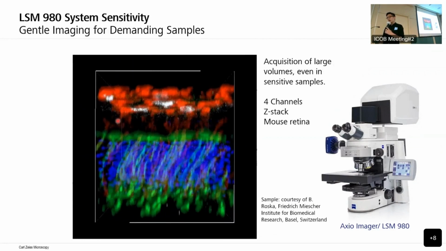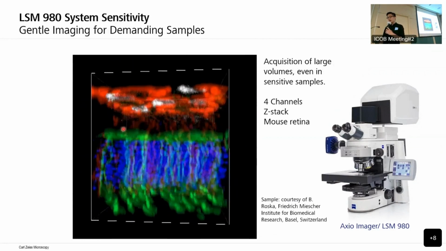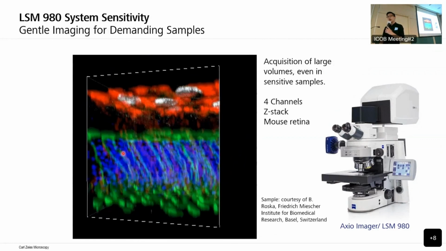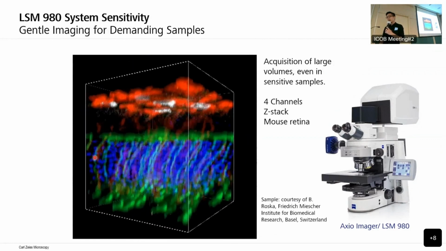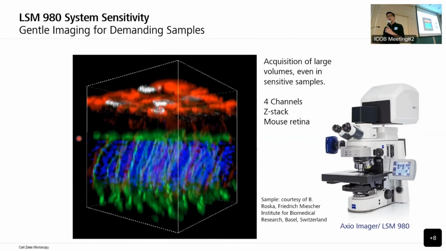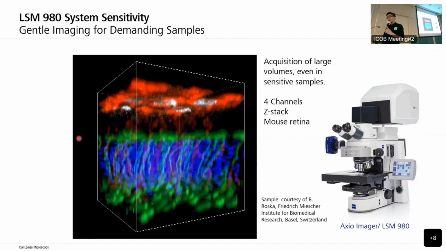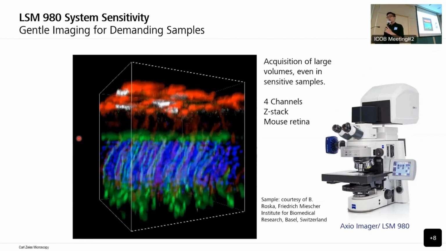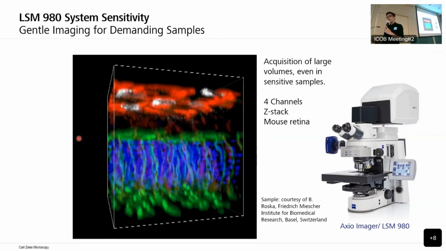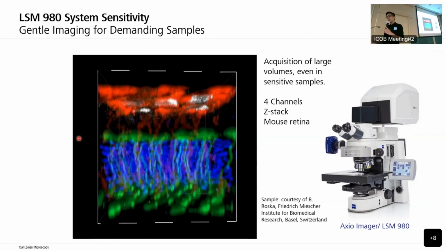This is the retina tissue of mouse eyes. So this kind of samples cannot be imaged with much higher intensities.